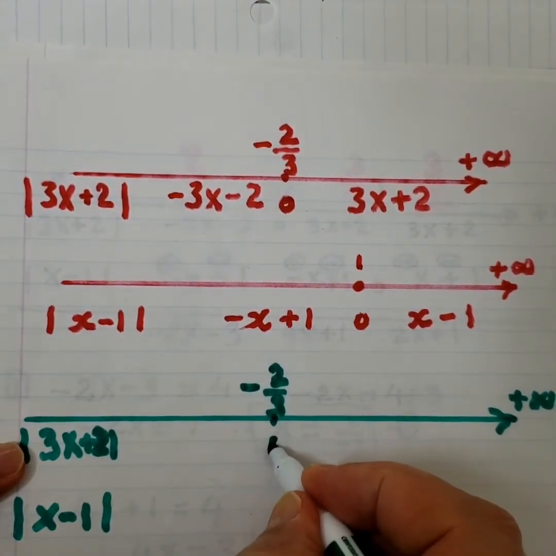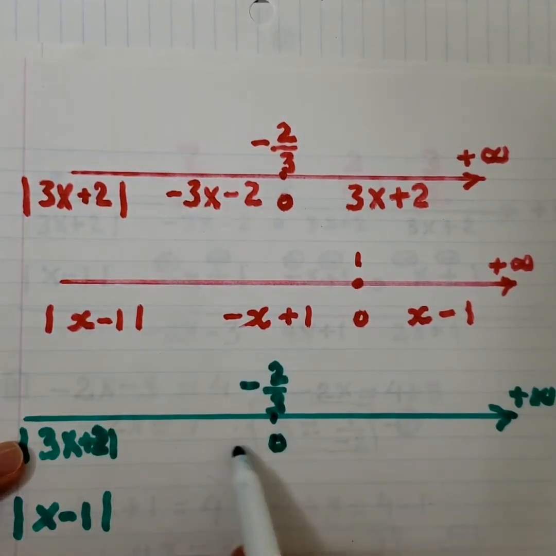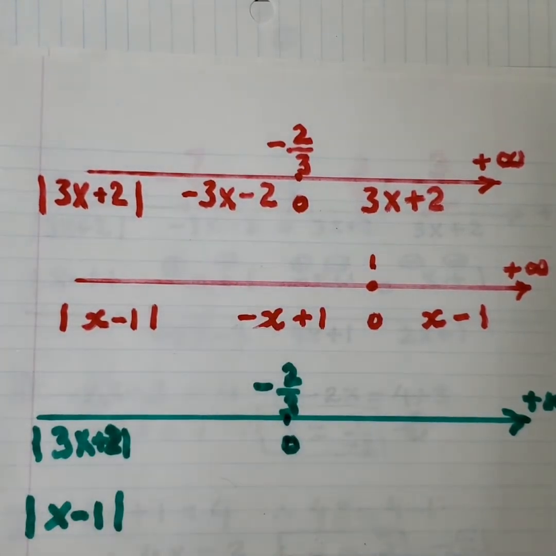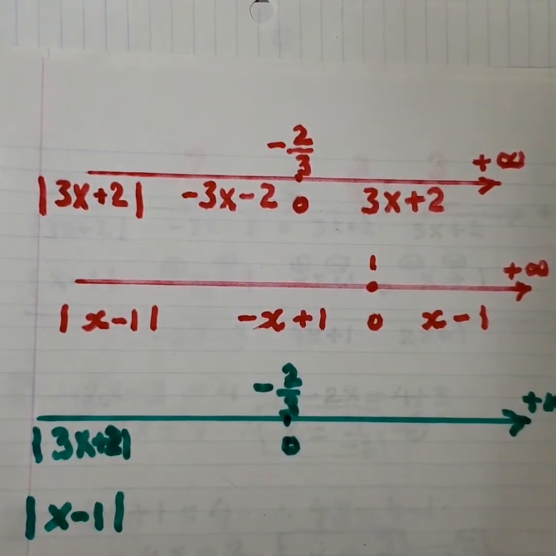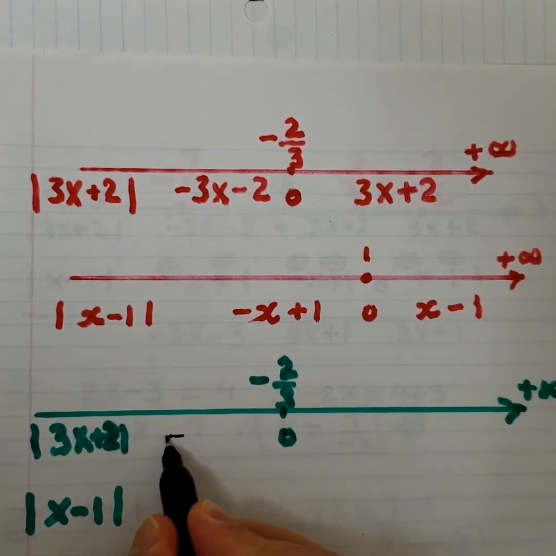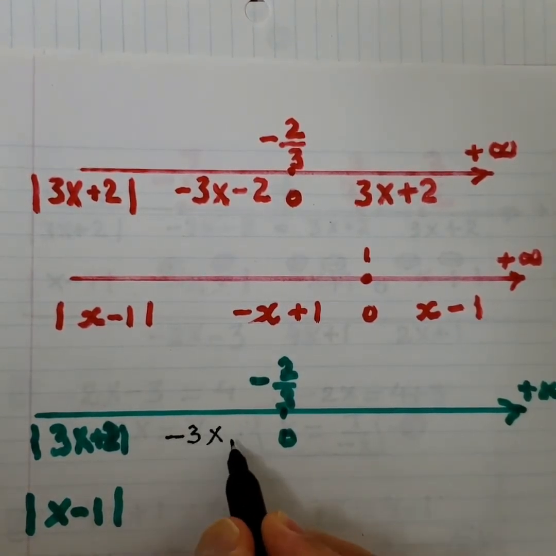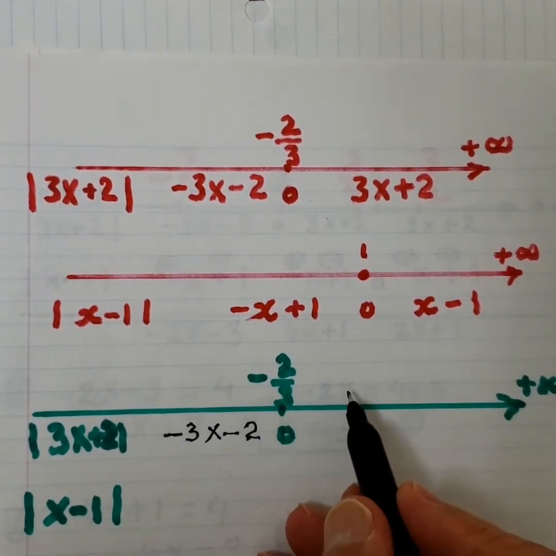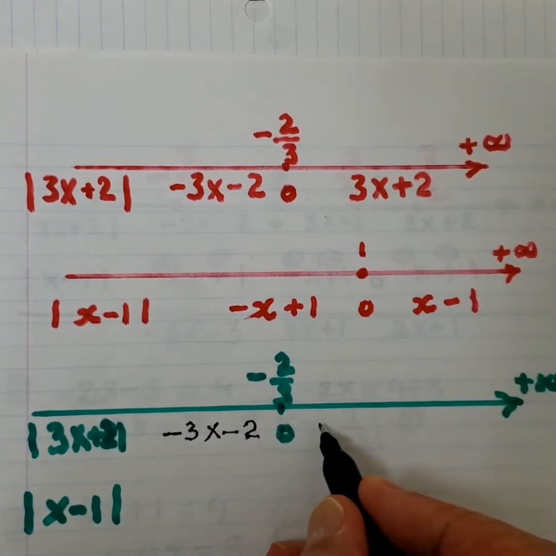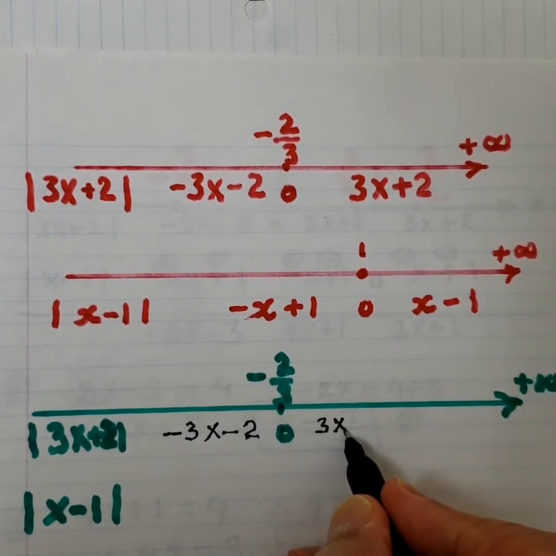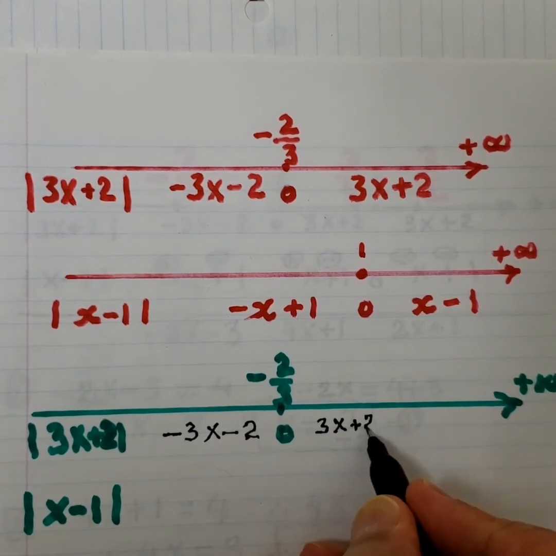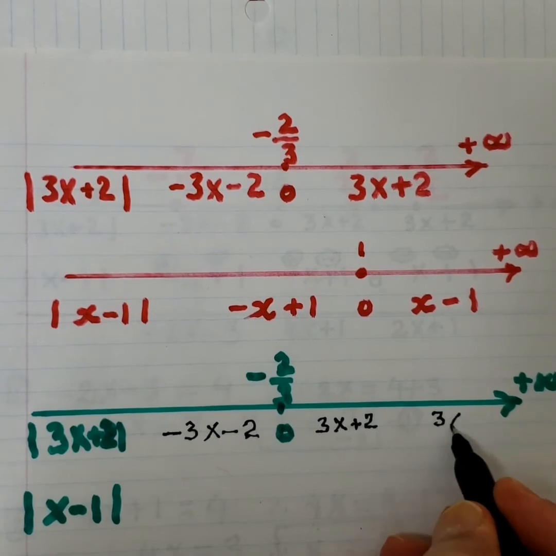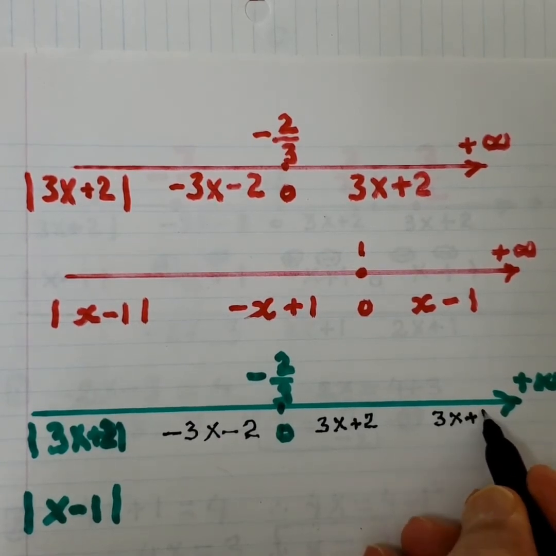So it's 0 here. Before the 0, its rule is minus 3x minus 2. I write it here, minus 3x minus 2. And after this 0, it's 3x plus 2. This rule keeps going to the end, still the same rule.